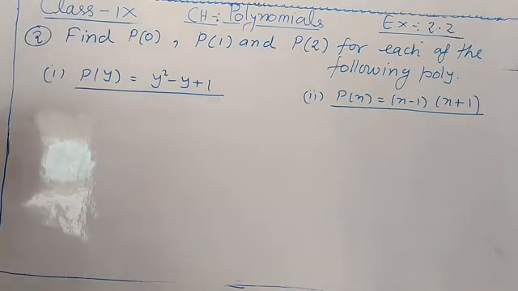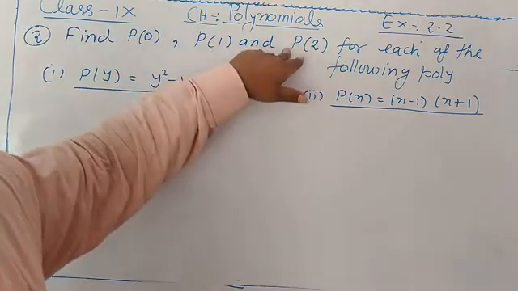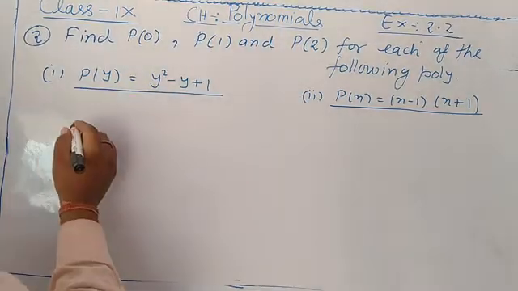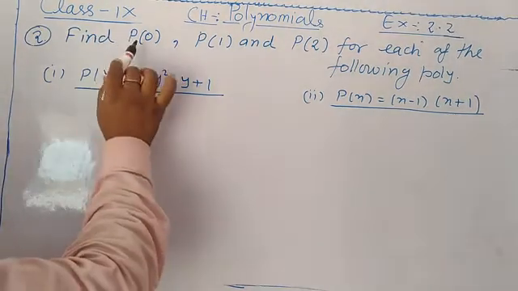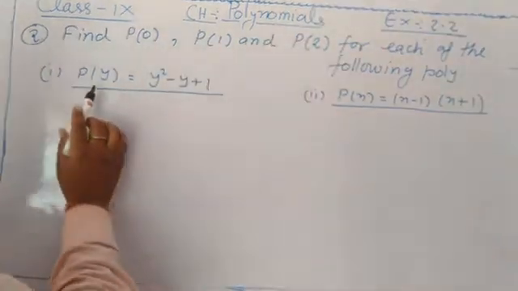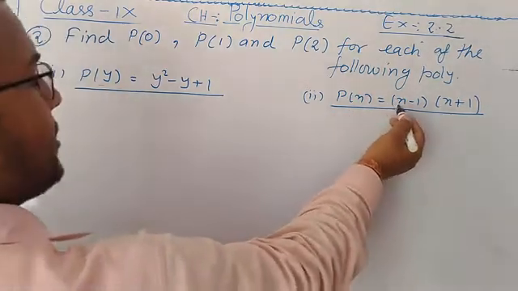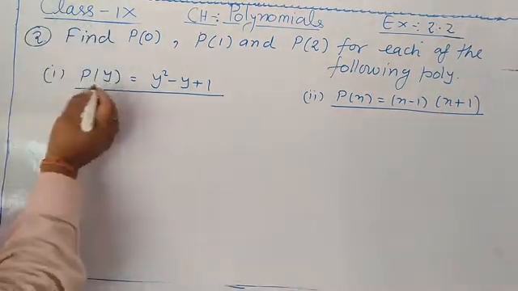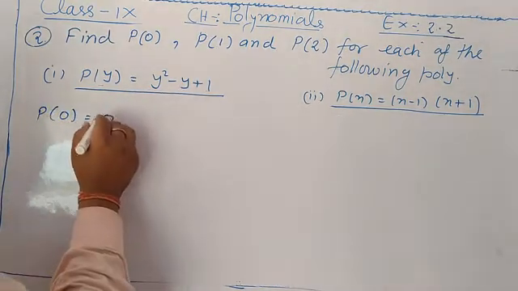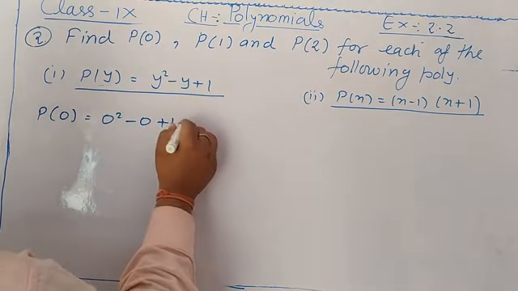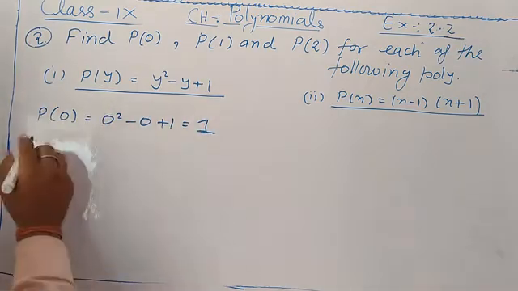Find the value of each polynomial at the points 0, 1 and 2. First, p(0): 0 square minus 0 plus 1 is equal to 1. So the value of the polynomial at point 0 is equal to 1.